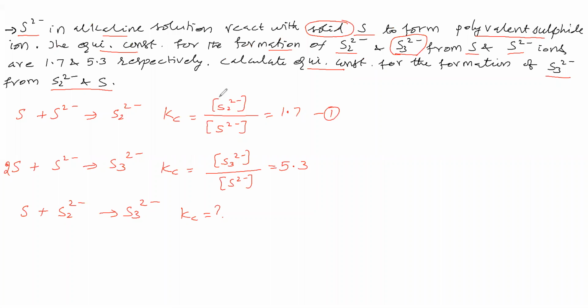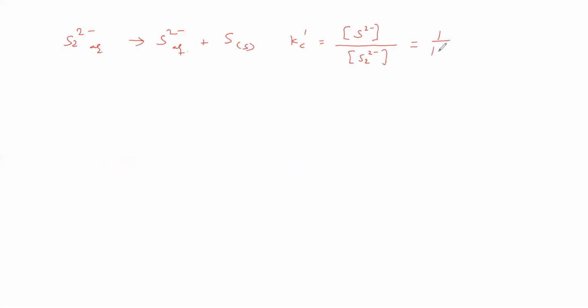Here S2 2 minus is in the numerator. That means if you reverse it, you get the one just written. So 1.7 reversed becomes 1 by 1.7.